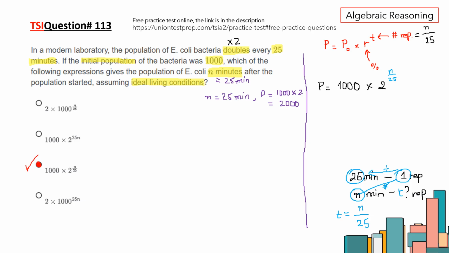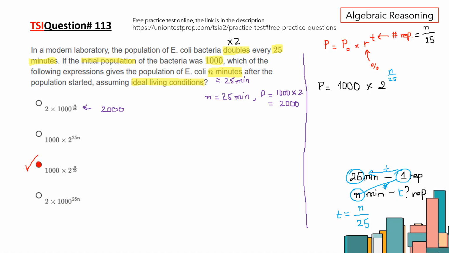Now your job is just to plug in and see which option gives you 2,000. Here it gives 2 times 1,000, which is 2,000. That's tricky, but at least you have something to look at.